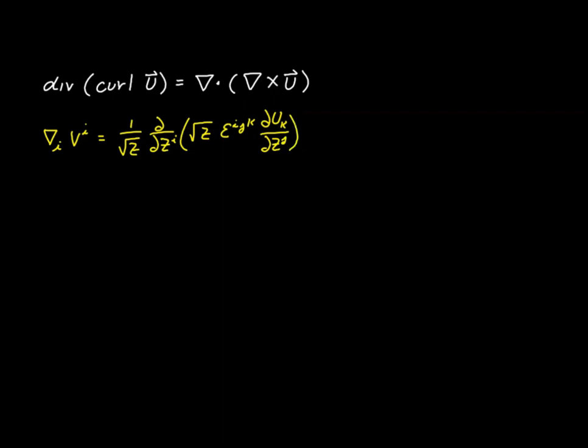All right, now looking closely here, what is the expression for square root of z times epsilon^ijk? Well, using the definition of our Levi-Civita symbol, that's going to be equal to 1 over the square root of z times our permutation symbol like this, and of course the square root of z factors cancel out.